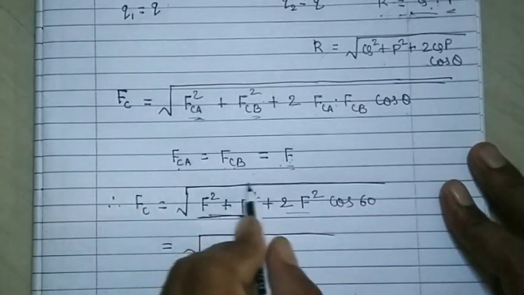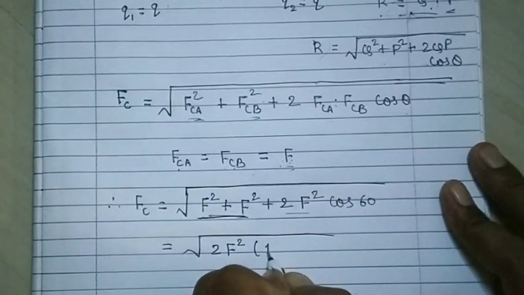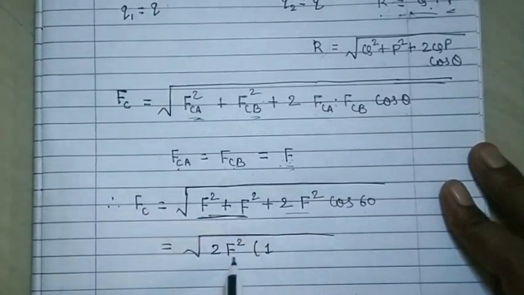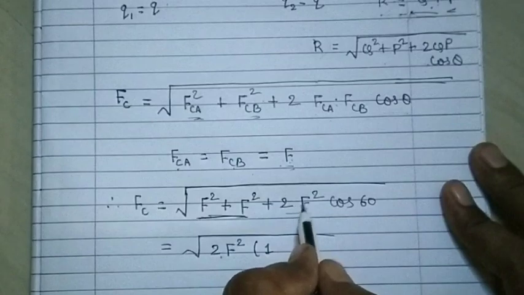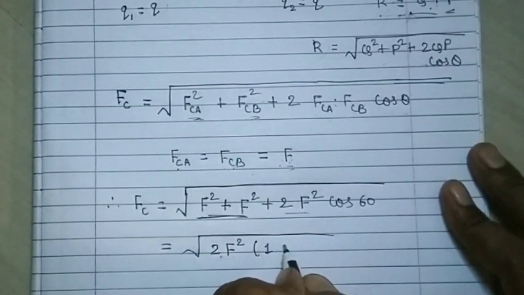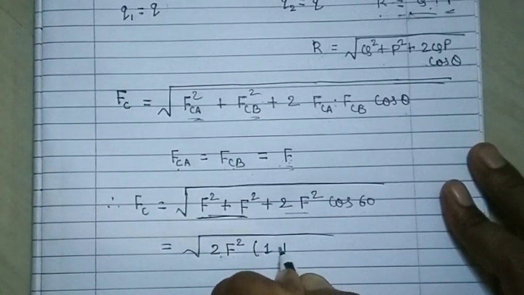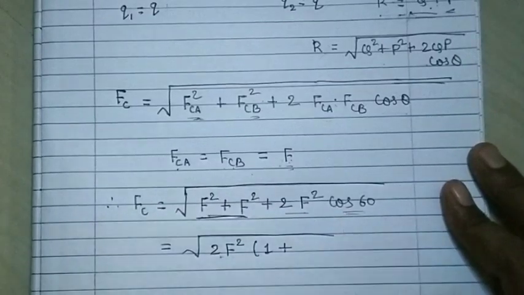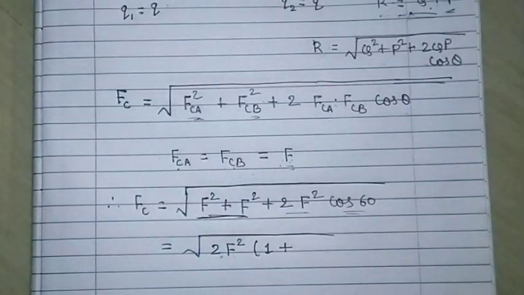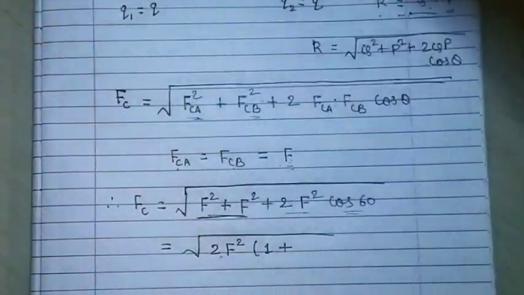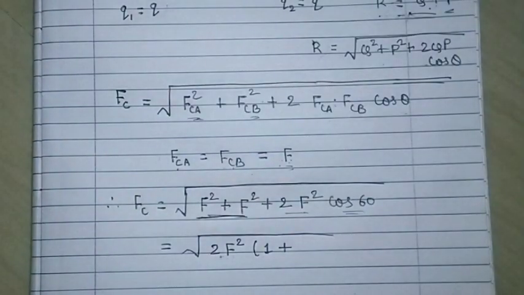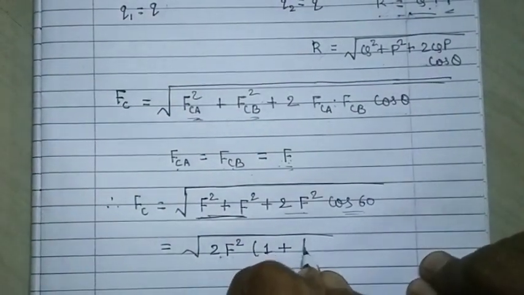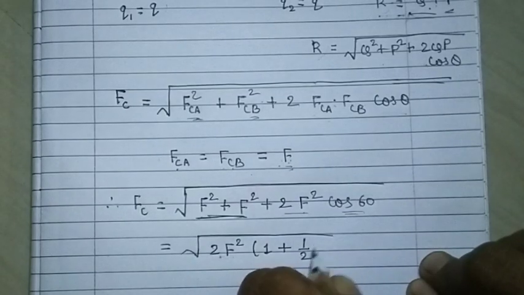Here what will remain? 1, because this 2F square is taken out, and here if we take out this 2F square, then we get plus cos 60. Now what is the value of cos 60? We know that the value of cos 60 is, come on, you can try it, it is 1 by 2.